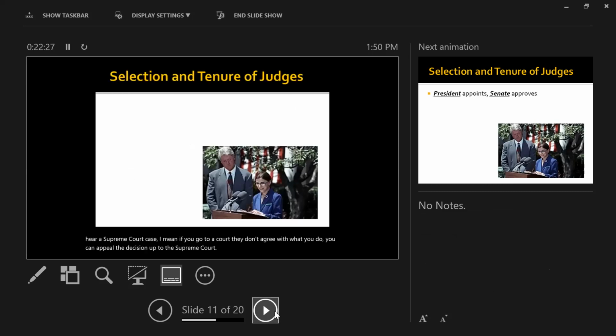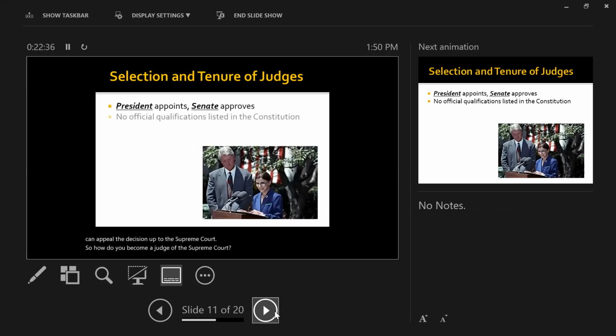So how do you become a judge of the Supreme Court? As we've discussed, the president appoints and then the Senate approves. But something to note is nowhere in the Constitution does it say what qualifications a Supreme Court judge needs to make.